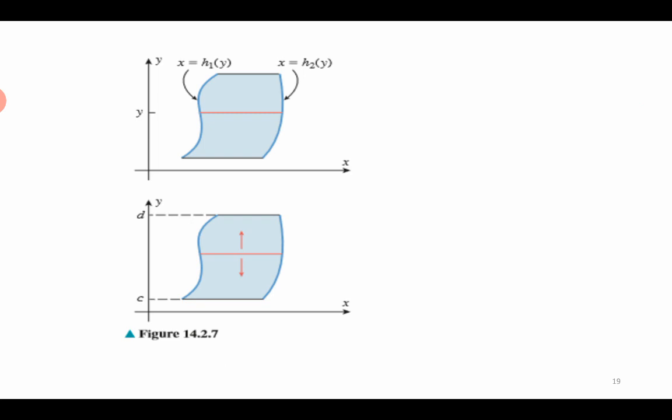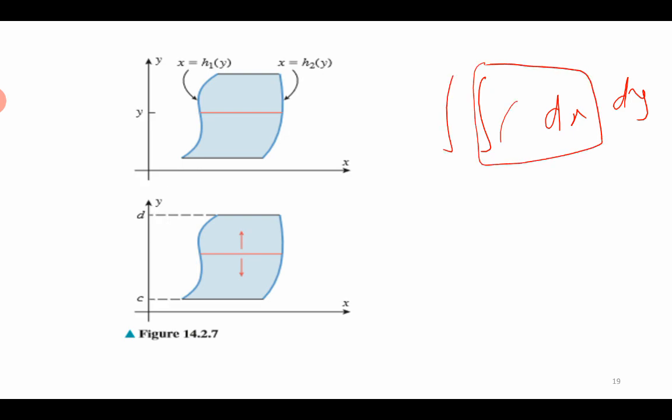Where is the type 2? When you want to integrate with respect to dx first and dy second, this should be a type 2 region, isn't it? So how to identify the limits, whatever the function given? For a type 2 region, x will have variable limits in y, isn't it? So x is a horizontal line. So in the given region, draw a horizontal line which is parallel to the x-axis.